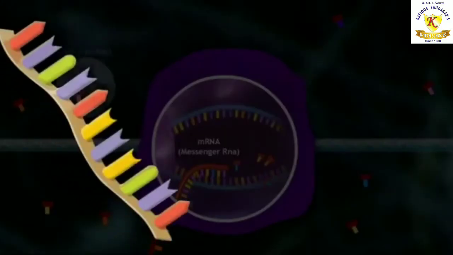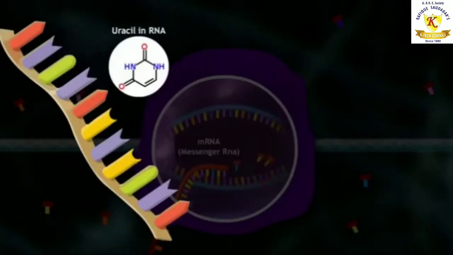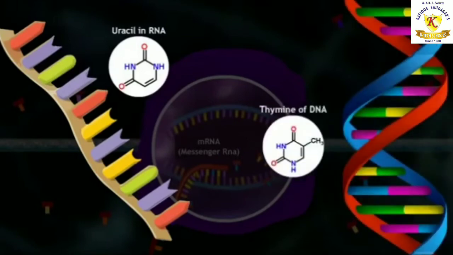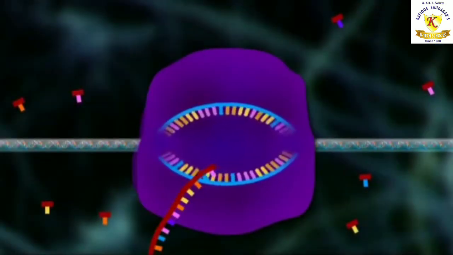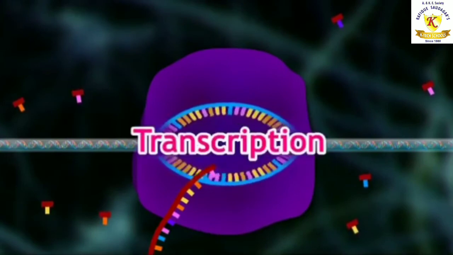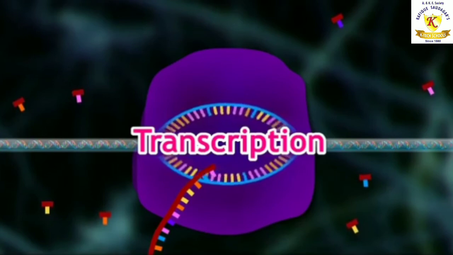Besides, there is uracil in RNA instead of thymine of DNA. This process of RNA synthesis is called as transcription. Did you get it, children?